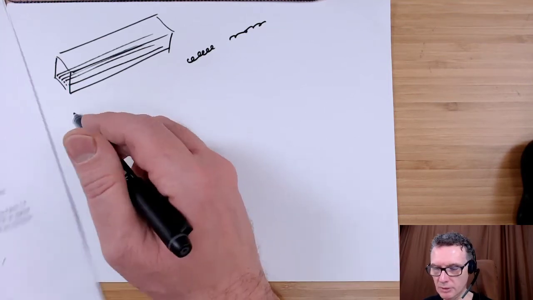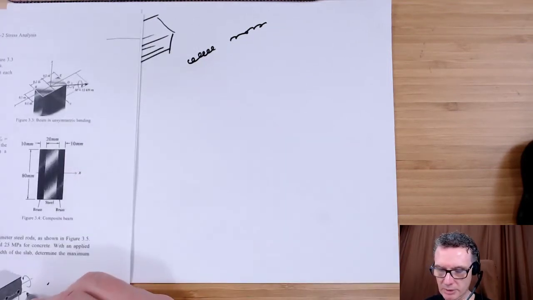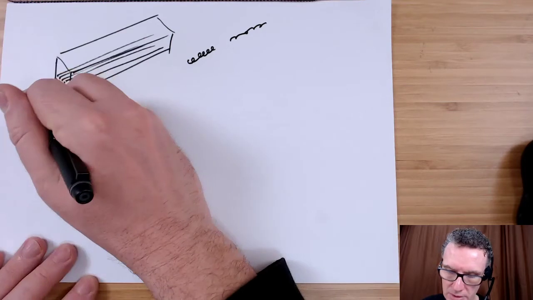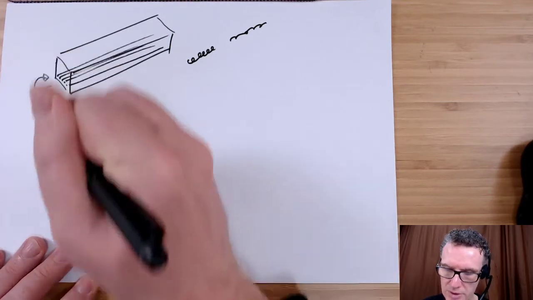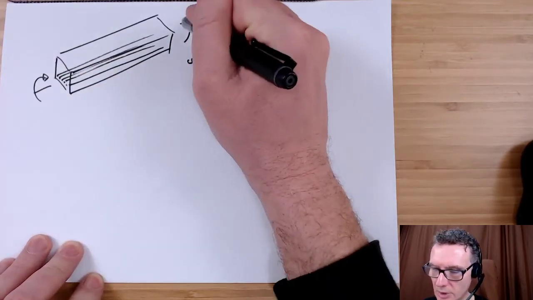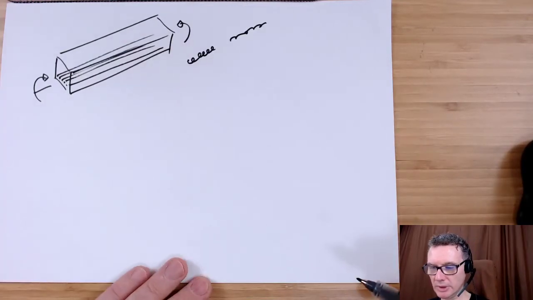So now if you interpret this diagram here, this is turning into here. We've got a bending moment going like that.